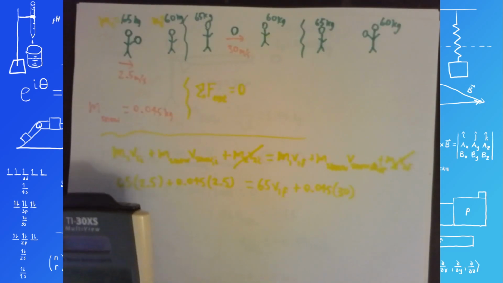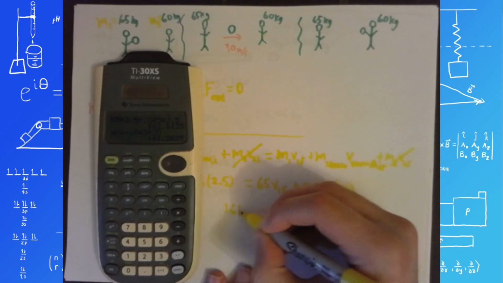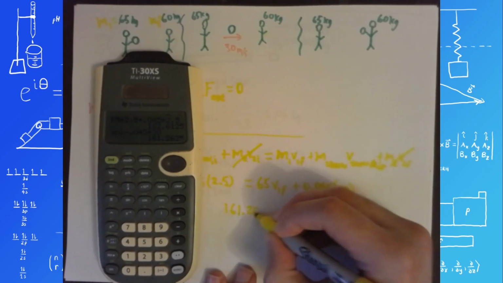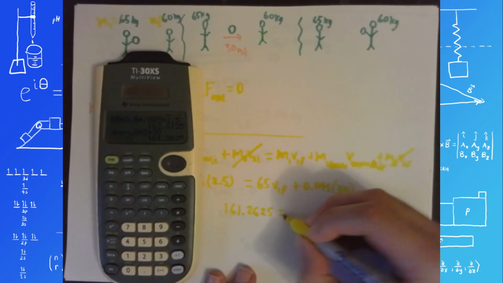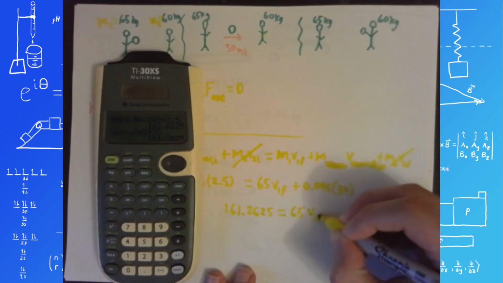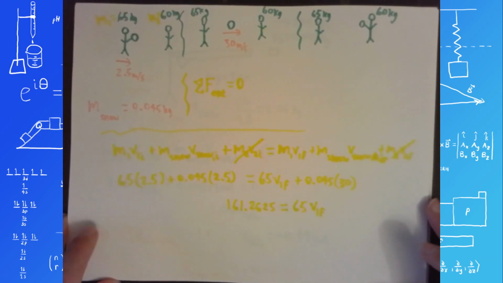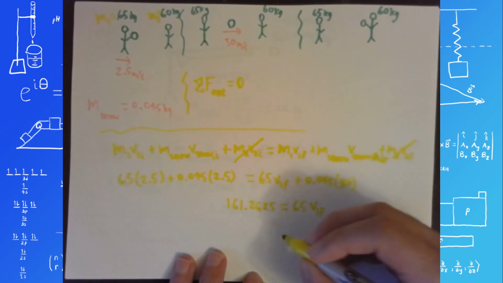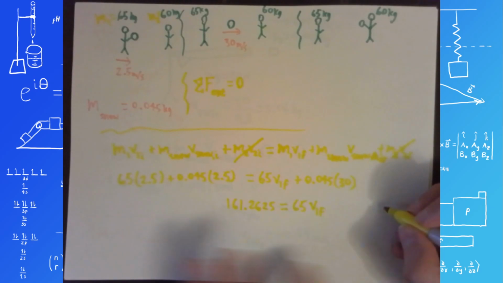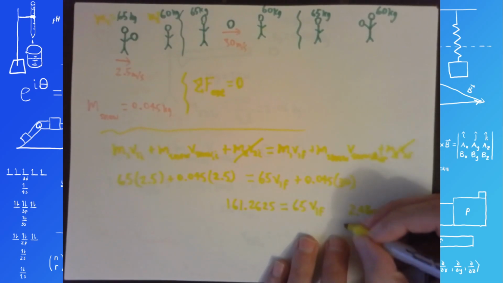161.2625 equals, it's going to be 65 times V1 final. Divide by 65, and I'm getting 2.48. V1 final equals 2.48 meters per second.